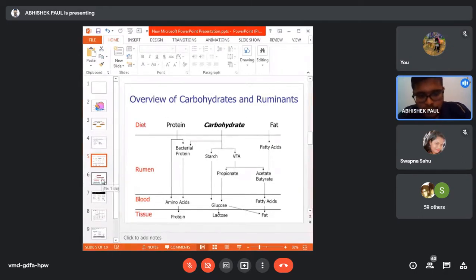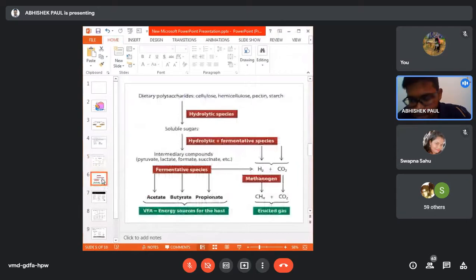Now going to the next slide. Again I am repeating the previous slide. These are the major carbohydrates, converted into VFAs: acetate, butyrate, and propionate, the end products of carbohydrate metabolism in ruminants.